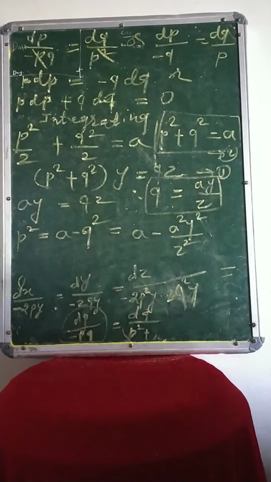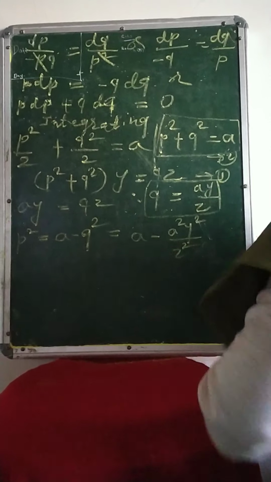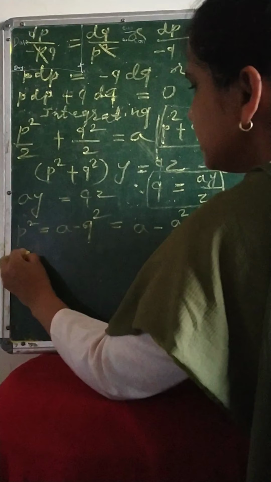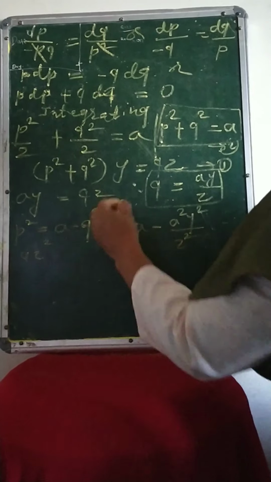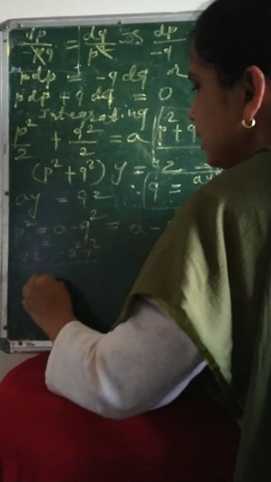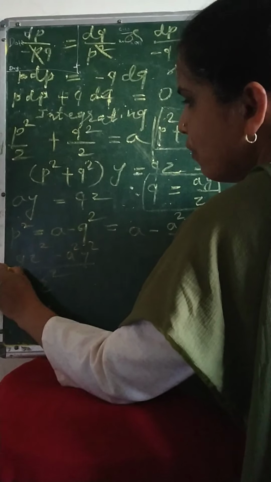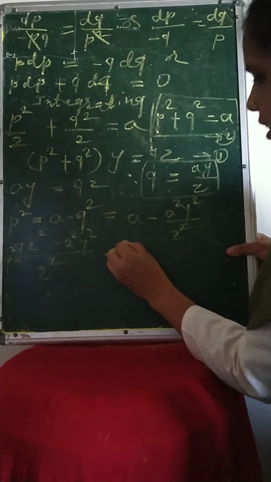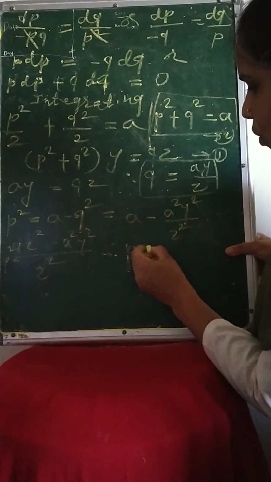Okay. After this, again on solving by cross multiplication, it is (a z square minus a square y square) upon z square. So this is the value of p square. Therefore from this, for p we take the square root simply.